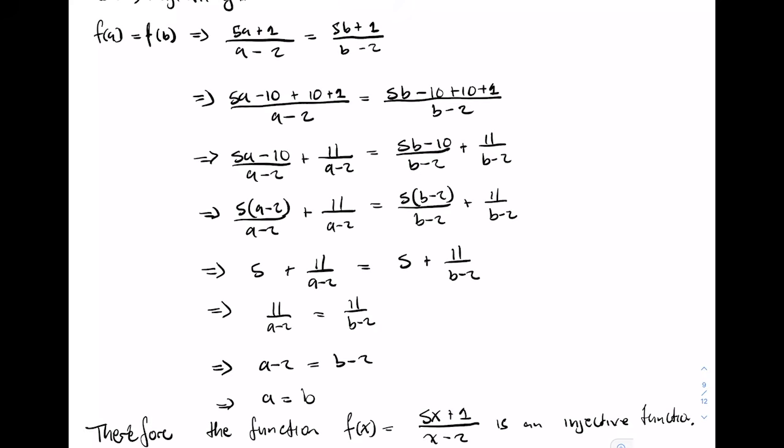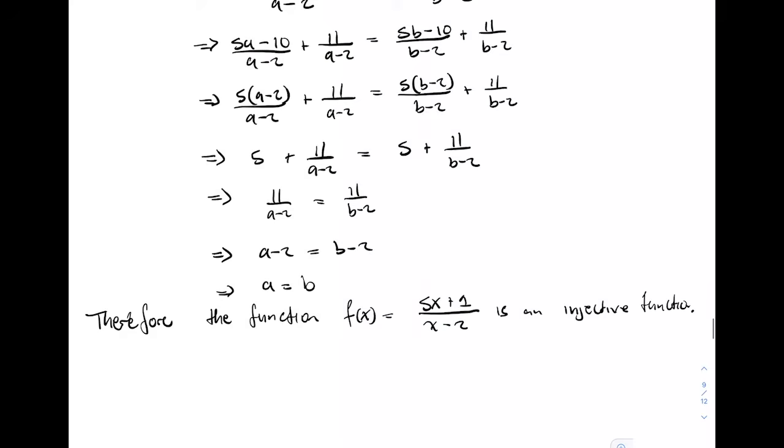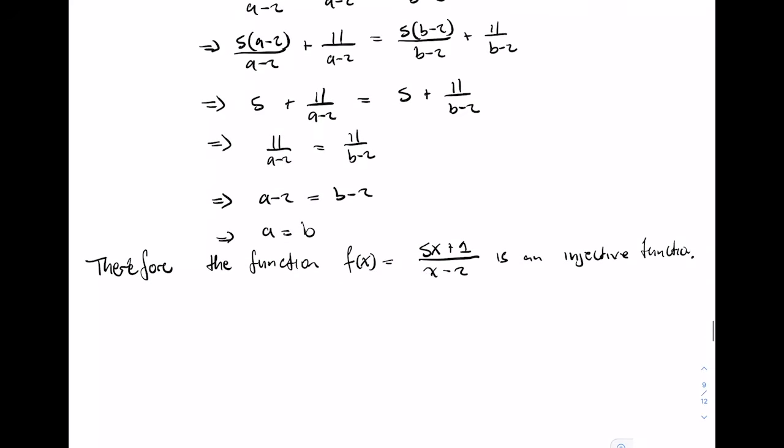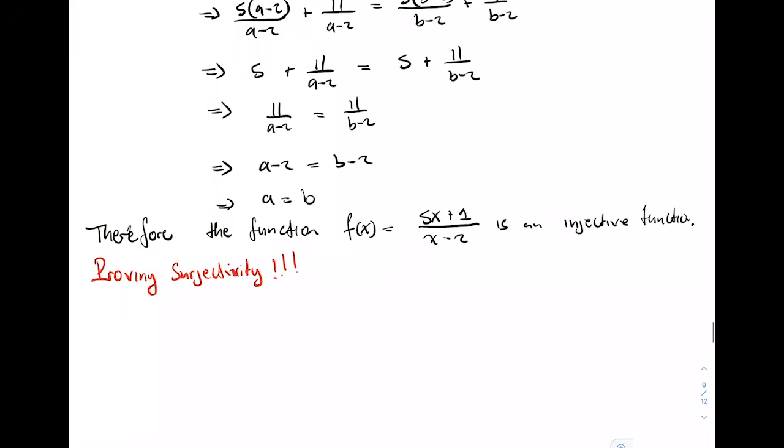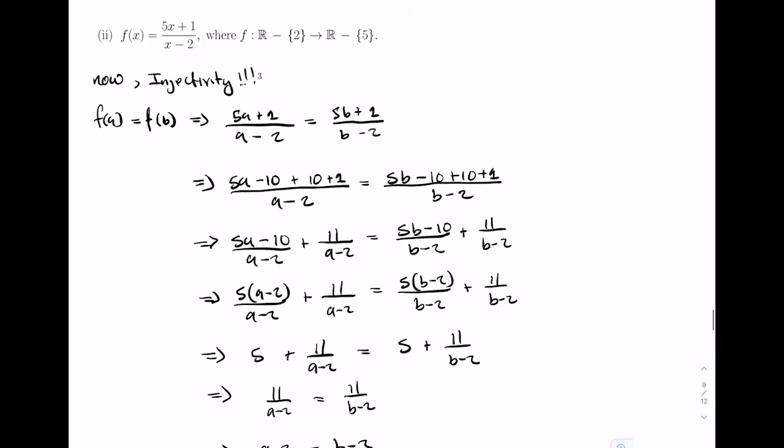Okay, can we now prove that this function is also surjective? So we know that the codomain of this function is equal to the set of reals except the number 5, right? It was given to us right here.